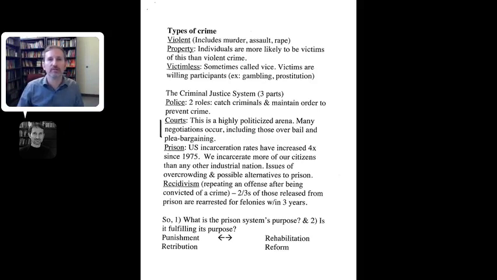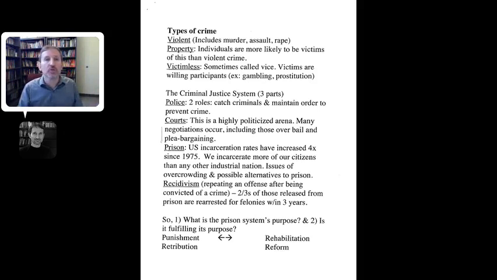Courts you could think of as the second line of defense against crime. And it's a very, as I have in this slide here, very politicized arena. Politics always involves power. And what that means is that in court, negotiations occur between those people who are the defendants in a criminal case and the people who are prosecuting it.